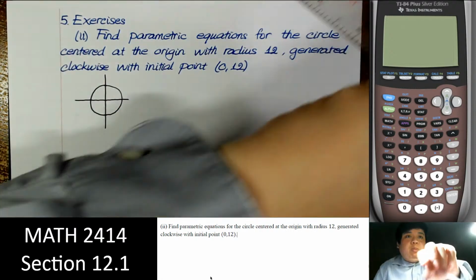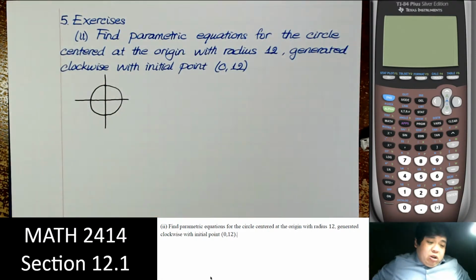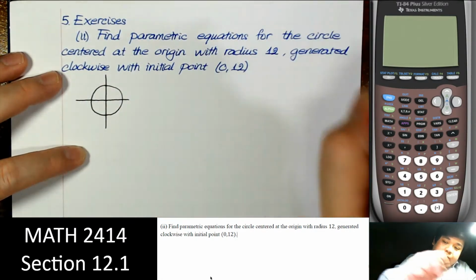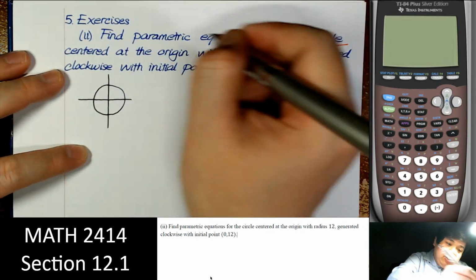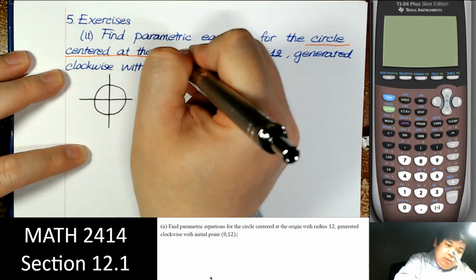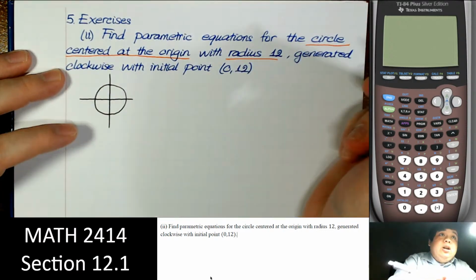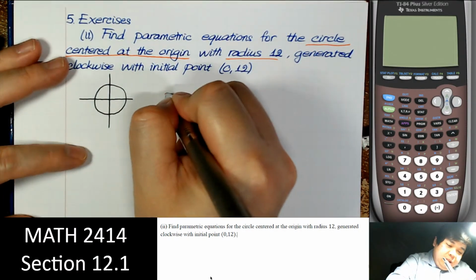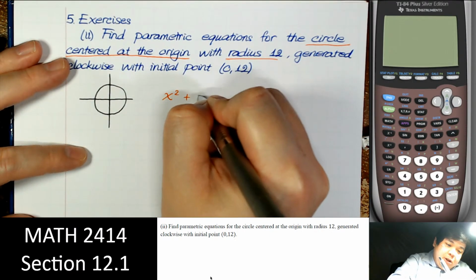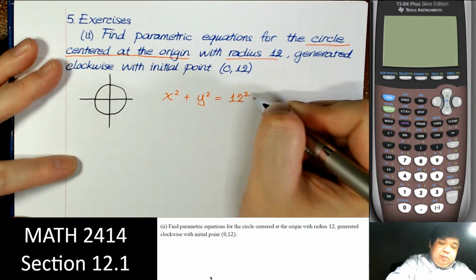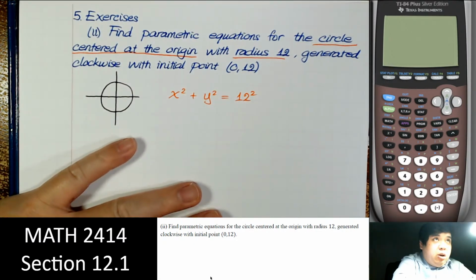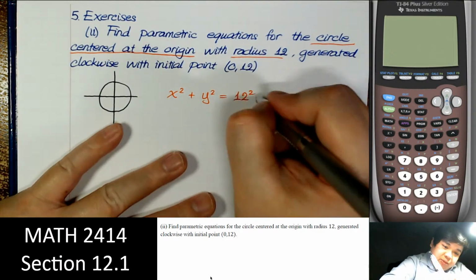There's a lot of ways we talk about this. Now, if we just have the circle center at the origin, radius 12, those together give us x squared plus y squared equal to 12 squared. That is the equation of the circle.